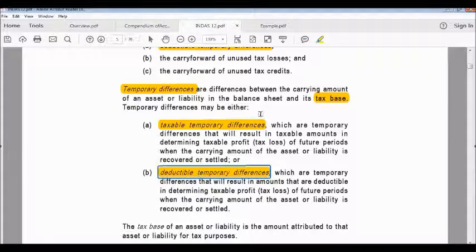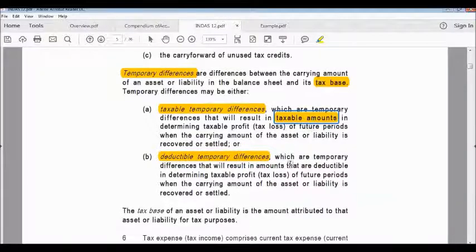Taxable temporary differences are temporary differences that will result in taxable amounts in determining the taxable profit of the future period. Therefore in these cases you will have to create deferred tax liability. And deductible temporary differences are temporary differences that will result in amounts that are deductible in determining the taxable profit of future period. So in this case you have to create deferred tax asset.